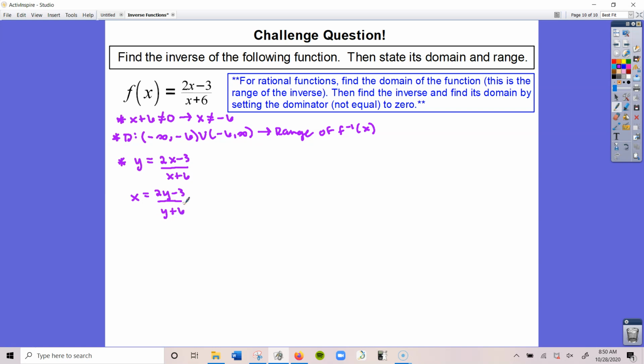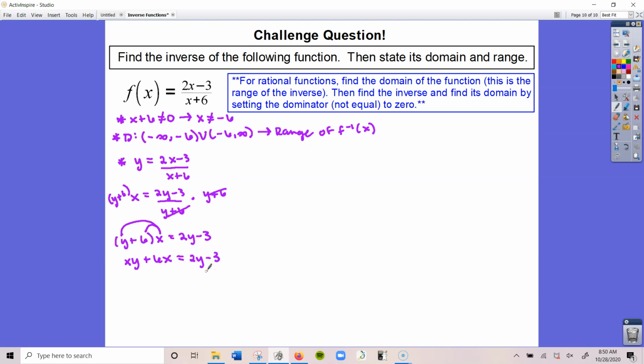I need to remove this denominator, so I'm going to multiply by y plus 6 to the other side. So now I have this y plus 6, x is equal to 2y minus 3. We distribute this x, so xy plus 6x is equal to 2y minus 3.